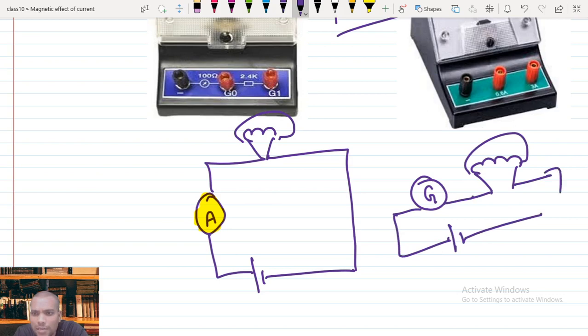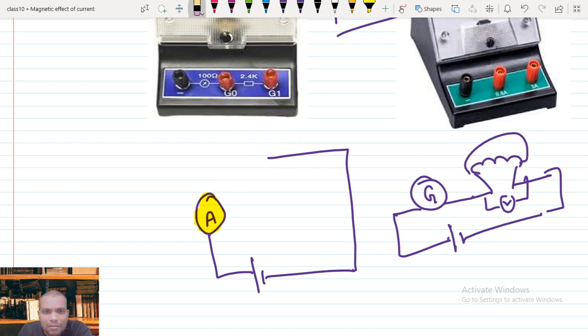Now in this case what happens? The total resistance of the circuit increases. It means the bulb won't get the proper potential difference because of the galvanometer, because the galvanometer has its own series resistance.